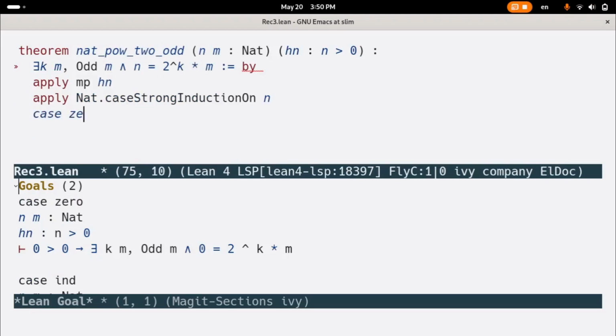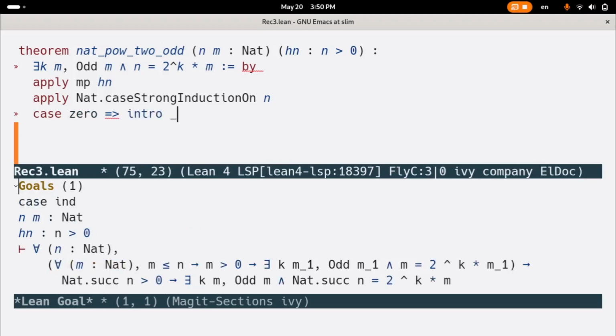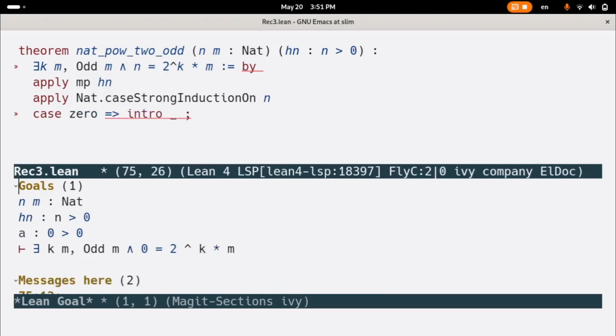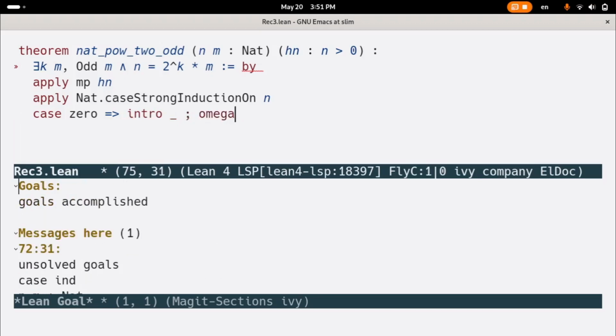Now applying strong induction leads to the implication with 0 greater than 0 in the base case. This can be easily proved using the omega tactic.